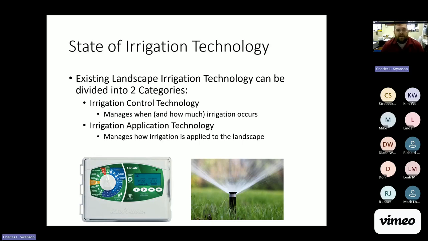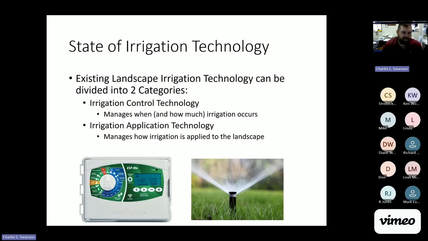Okay, so when we look at the bigger scheme of products, when we look at different types of technologies, we can generally break the industry or the products into two general categories of technology. We have what we call our irrigation control technologies and our irrigation application technologies.